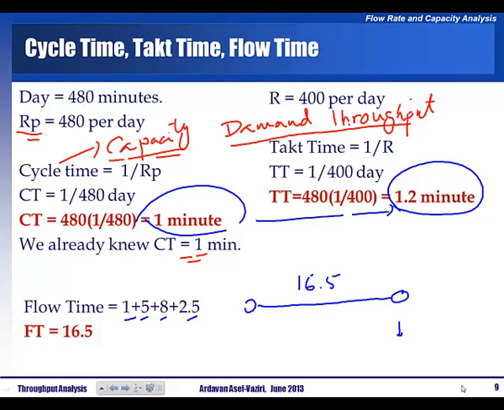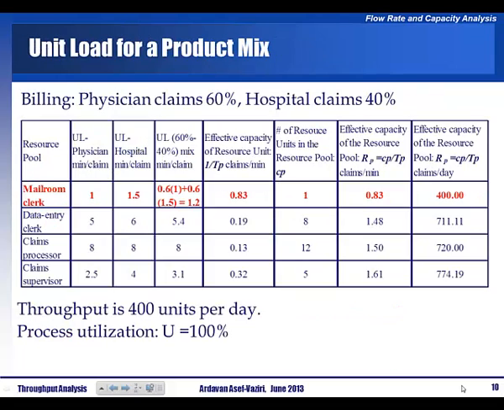Our production system can send out one product every 1 minute, but demand and throughput is less than capacity. Therefore, instead of every 1 minute, every 1.2 minutes, 1 unit of product exits the production system.